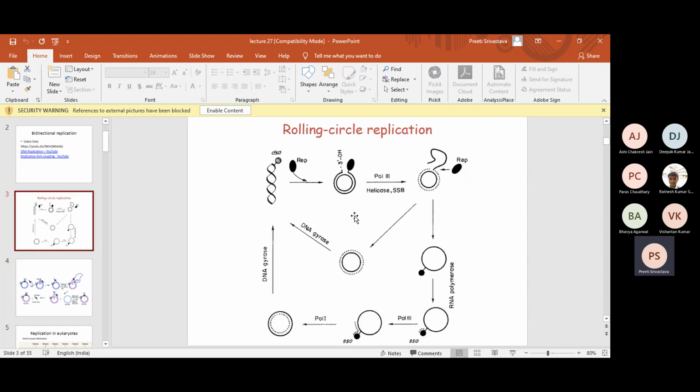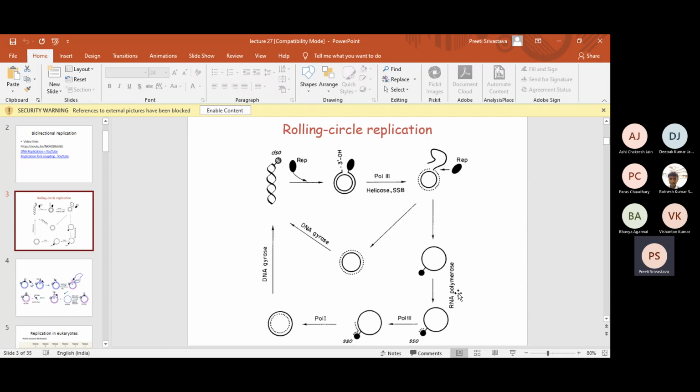I have explained only this part of the figure. Once you have the single-stranded DNA, which is shown over here, it is acted upon by the enzyme called RNA polymerase. It is important to remember that RNA polymerase can synthesize RNA in a template-dependent manner, which means RNA polymerase doesn't require a primer for synthesis.